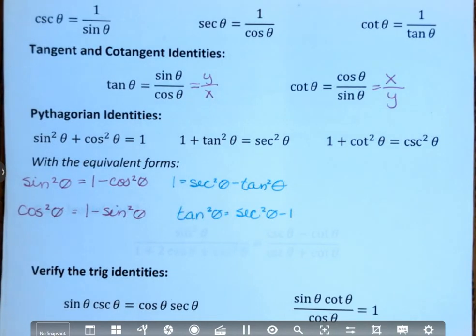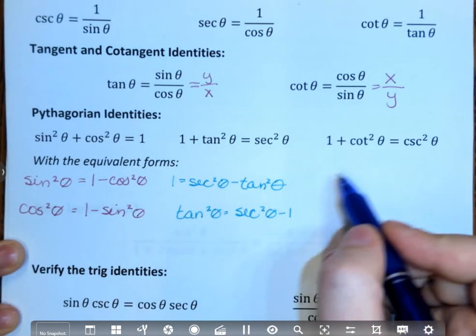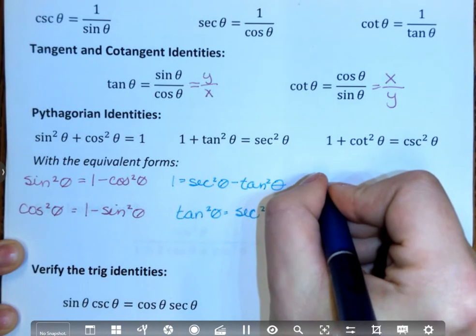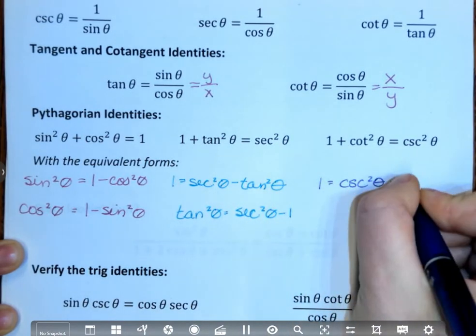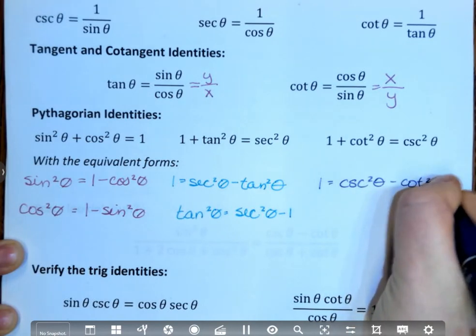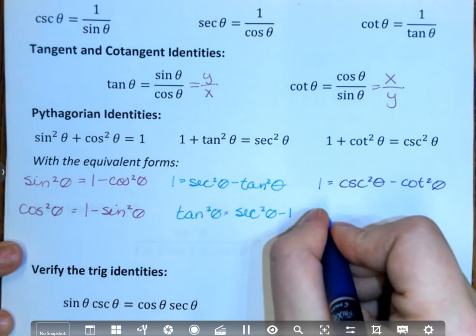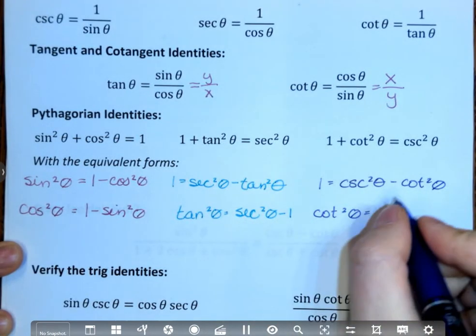See, no crazy, miraculous, magical math going on here. Just moving stuff around so that they're still equivalent statements. How could I get the 1 by itself here? Minus cotangent. So cosecant squared theta minus cotangent squared theta. And if I wanted the cotangent by itself, subtract the 1.